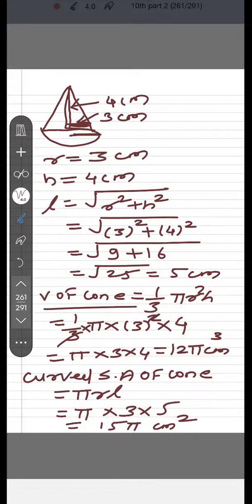So 15 pi centimeter square. Clear? Now let's talk about the next thing.